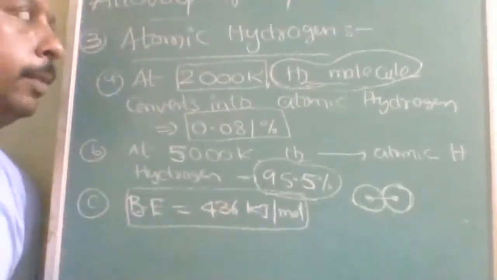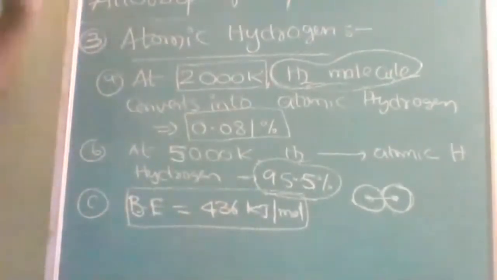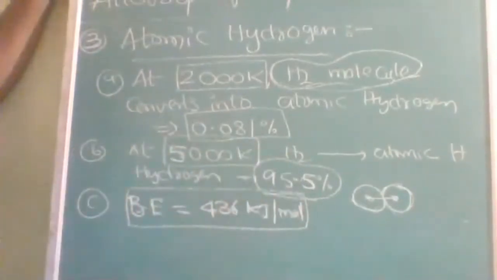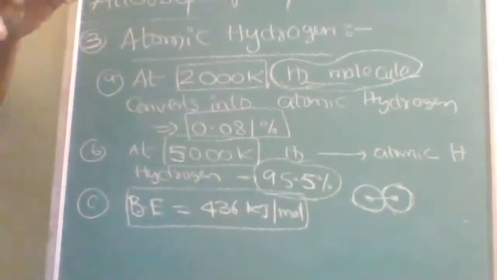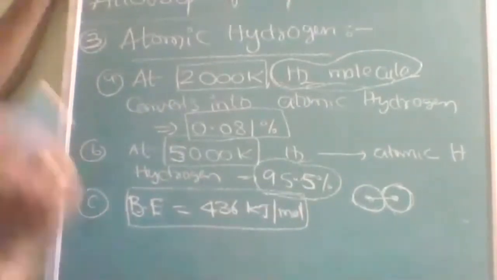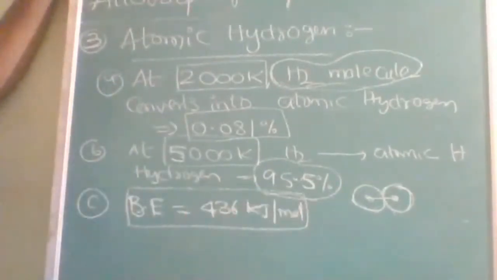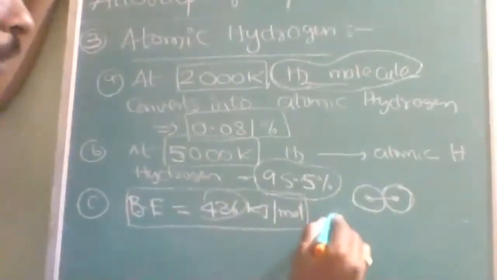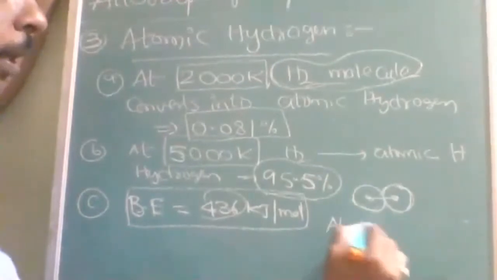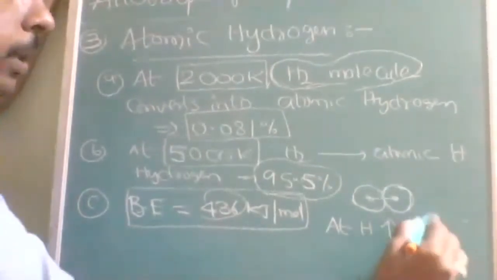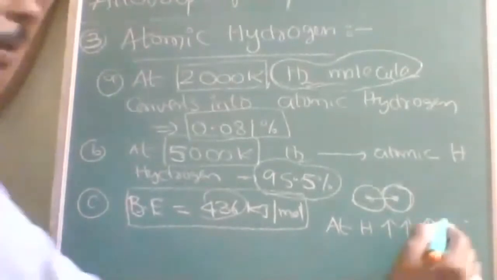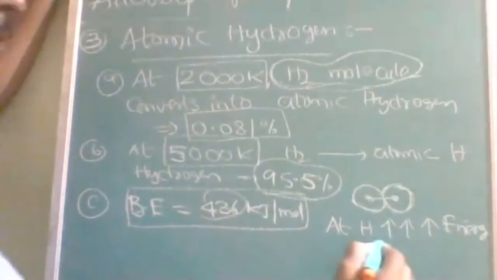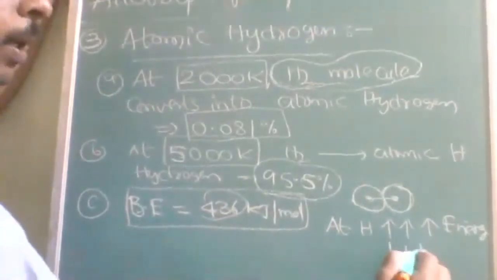Understood? So this is about the preparation of atomic hydrogen. When you heat molecular hydrogen at 5000 Kelvin, you will achieve 95.5% conversion of molecular hydrogen into atomic hydrogen. The energy of atomic hydrogen is very, very high. Once energy wise it is more, stability wise it will be very, very less.